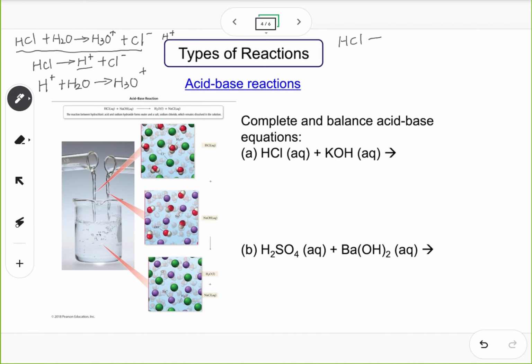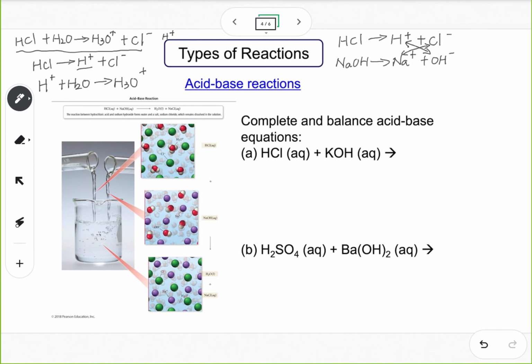HCl. If you consider the dissociation of the HCl, it's going to be like this. And for sodium hydroxide, it's going to be sodium and OH minus. So when you have those two reactants in the same system, they are going to exchange the cations and anions. In other words, the H plus and hydroxide will bind together to form water, and sodium and chloride are going to bind together to form sodium chloride.